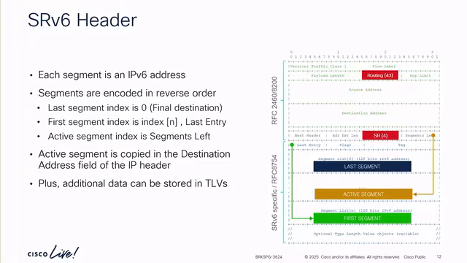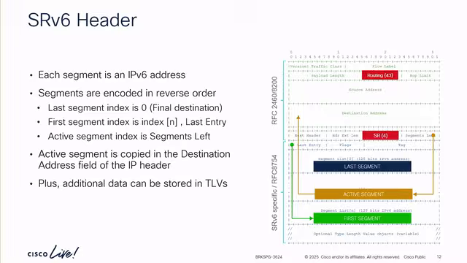And then important, the segment left is a pointer, to where we are currently, the active segment, right? So if you sniff the packet on the wire, that pointer will point to the actual destination IPv6 address, because that IPv6 address, which indicates one segment, will also be the destination IP address, all right?